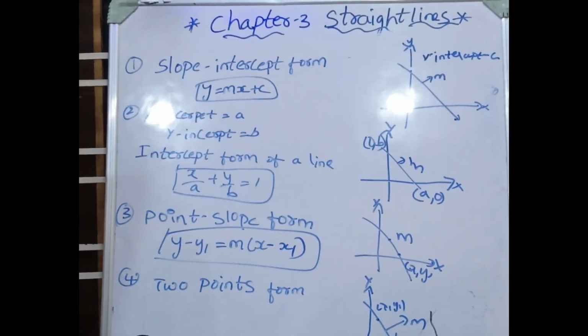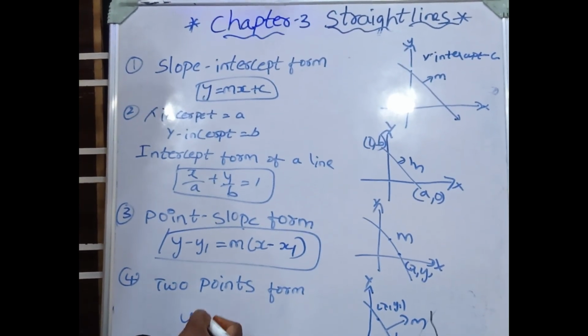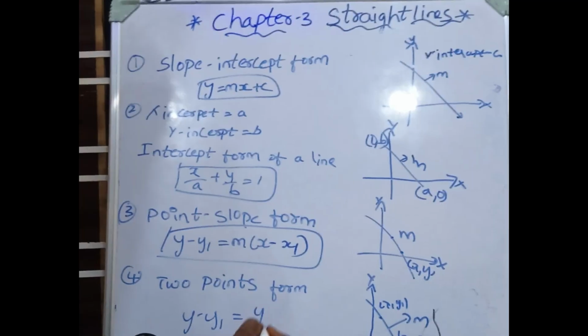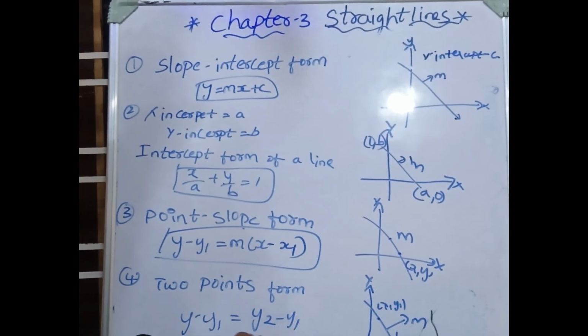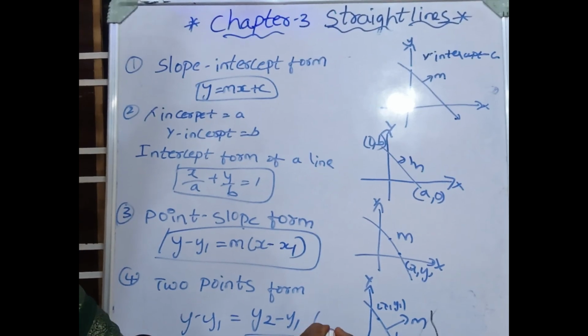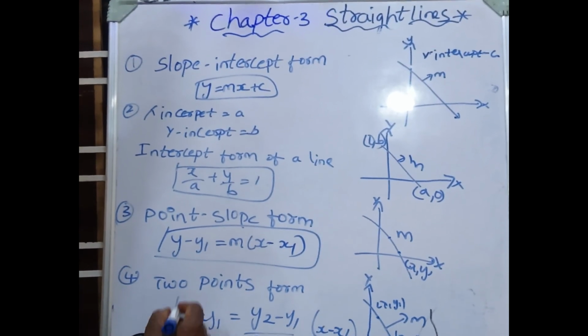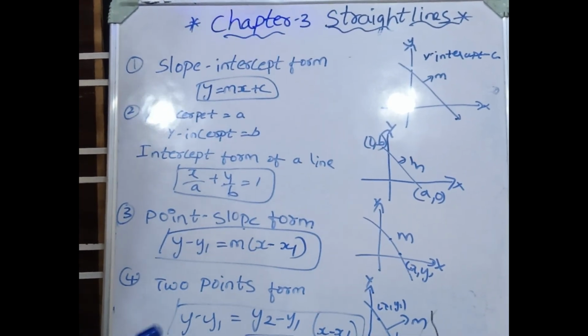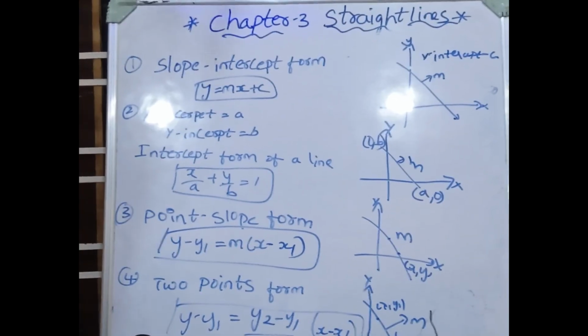What is the formula? y minus y1 equal to y2 minus y1 by x2 minus x1, into x minus x1. This is the formula of the two point form.